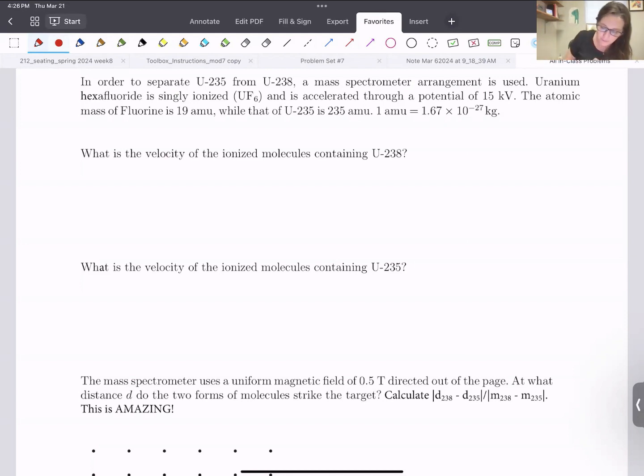It's uranium hexafluoride, so UF6, 6 fluorine, 1 uranium, and it's accelerated through 15 kilovolts, and the atomic mass of fluorine is 19, and so then it gives us the atomic mass of uranium-235 and it also will later, for the 238, it'll be 238 instead of 235.